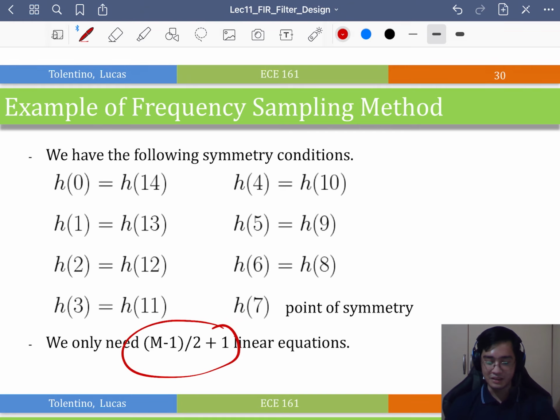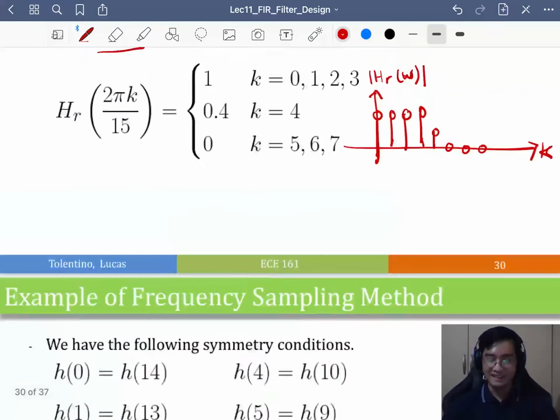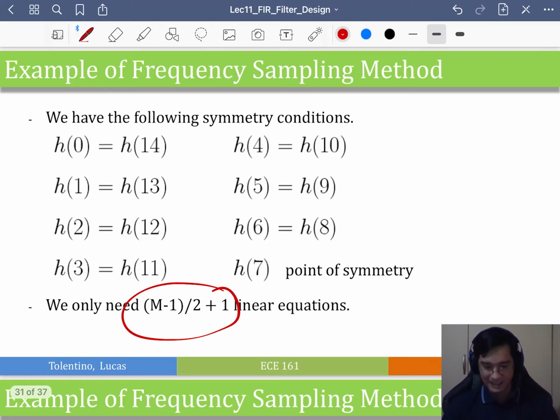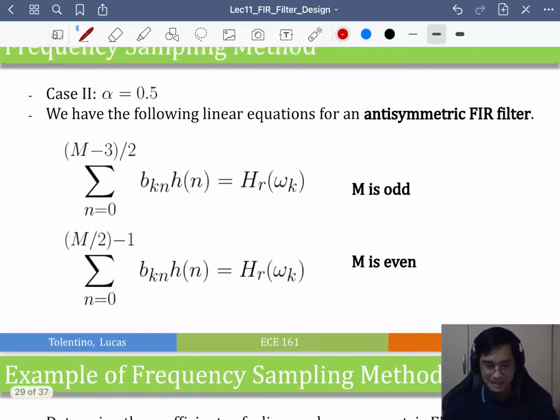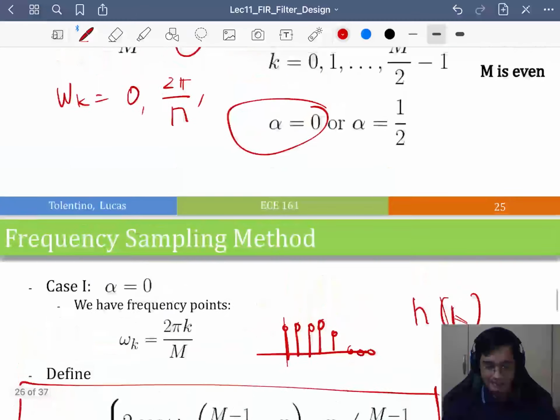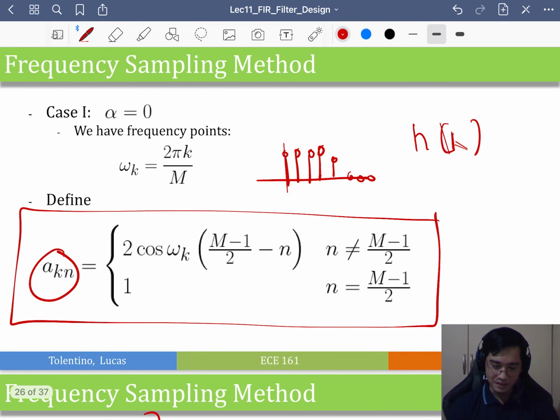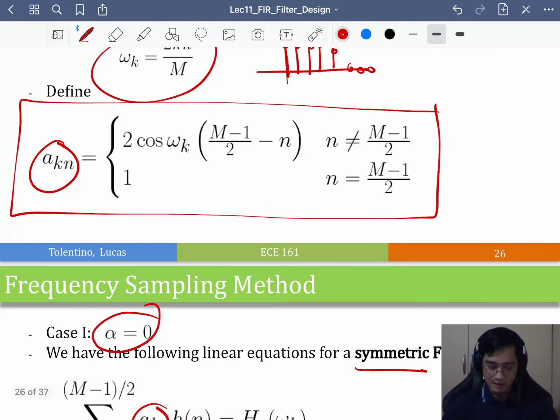I'll pause here. When we have this one, we are actually at case 1, alpha is 0, and then we have certain points. We use this equation: A sub kn is equal to this one.